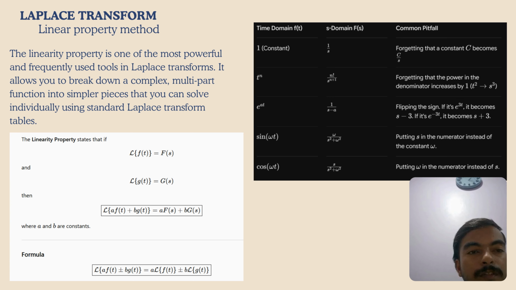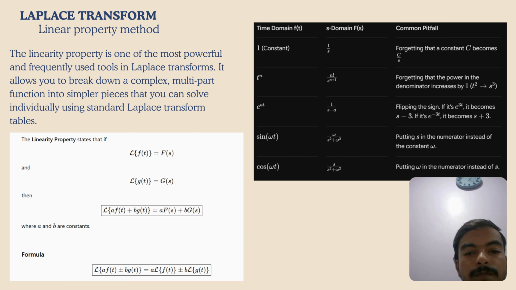This is the equation. First of all, the linear property states if Laplace of f(t) equals F(s), and Laplace of g(t) equals G(s), this is the main formula: Laplace of a f(t) plus or minus b g(t) equals a Laplace f(t) plus or minus b Laplace g(t). This is the main formula that we can use for Laplace transform in linear property.